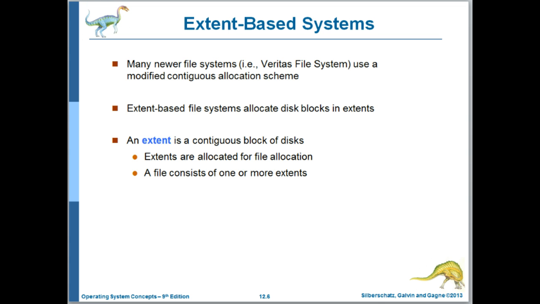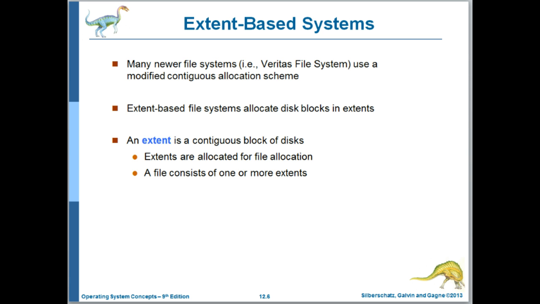So a file that's built with extents, rather than being a single contiguous set of blocks, is a number of contiguous sets of blocks. This helps to deal with the problem of a growing file that no longer fits within its space.